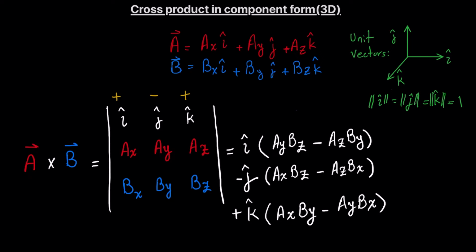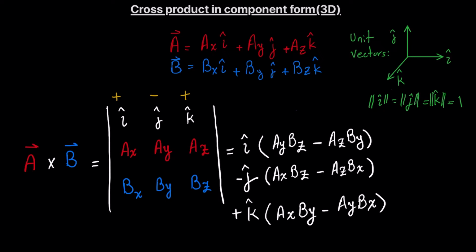To do this, we're going to use the determinant of the following matrix. So A cross B equals the determinant of a 3x3 matrix. We place the unit vectors on the top row: i hat, j hat, k hat.